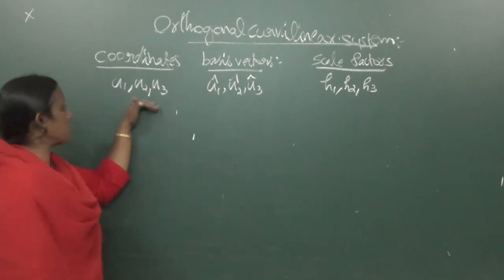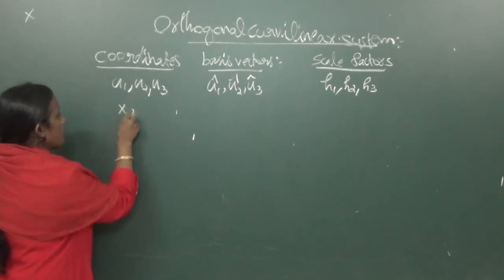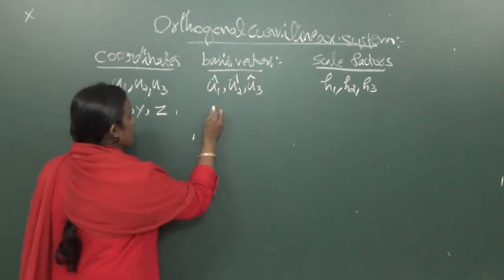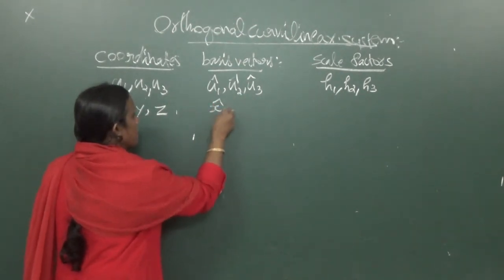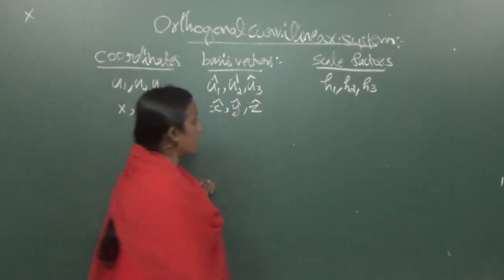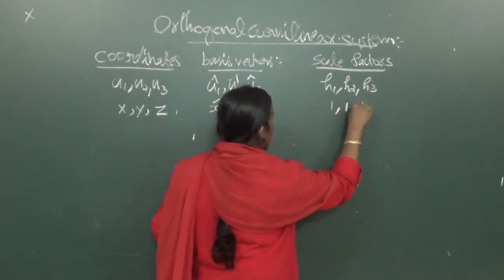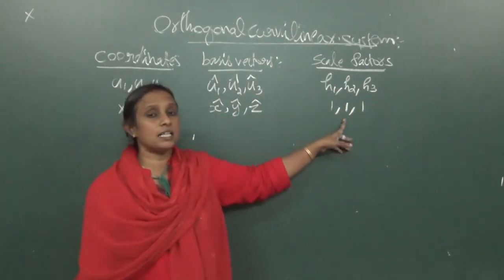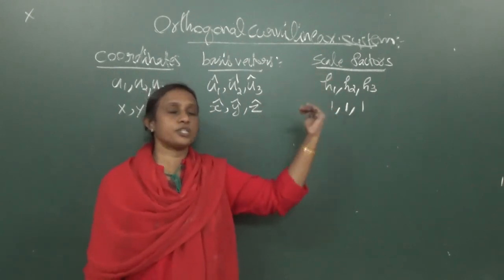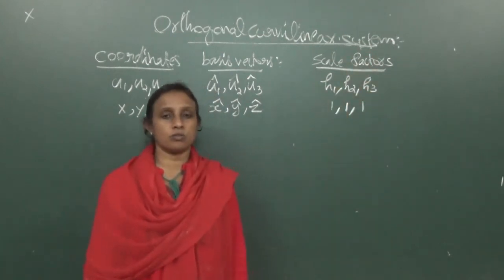Now you can compare this with the Cartesian system. For the Cartesian system, the coordinates are x, y and z, and the basis vectors are x cap, y cap, z cap or i, j, k. And the scale factors are 1, 1, 1. That is why you write dx, dy, dz with no coefficient; all these coefficients are 1.